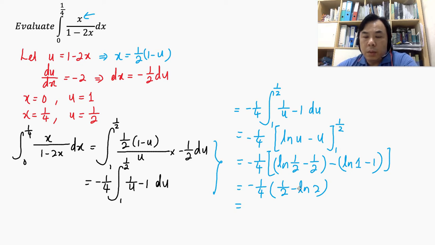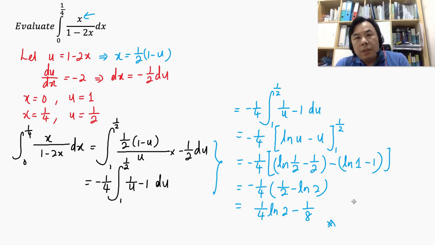By a bit of rearrangement, we get a quarter ln 2 subtract off 1/8, which is exactly the same result as what we have obtained using partial fraction. So therefore, this integration can be performed using partial fraction or through substitution.